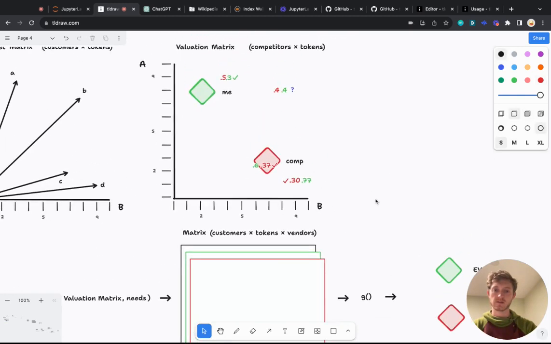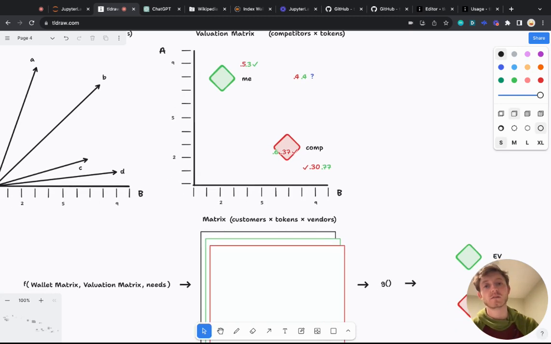Output. Yeah. Why do you need? Oh, you're computing the. But then if you do that, you don't need the customers. I think we don't need customers here.